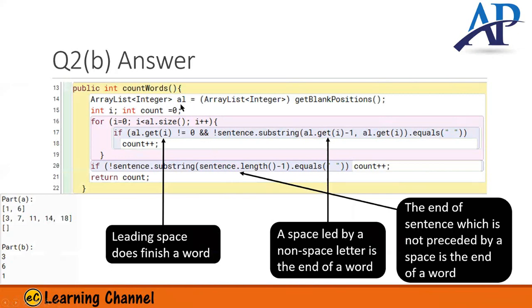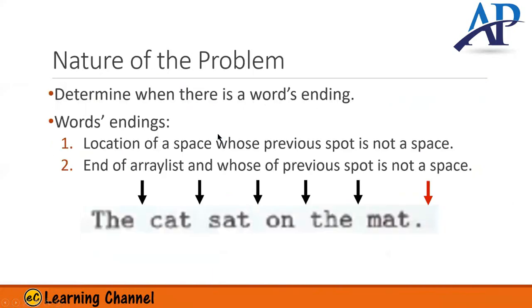So I get the locations for the blank positions, but these blank positions may include extra ones if you have a double space in between those words. For example, right here you have 2 spaces instead of 1, or here you have 3 spaces. Even though the problem statement doesn't mention this, if you don't take care of it, it's okay.